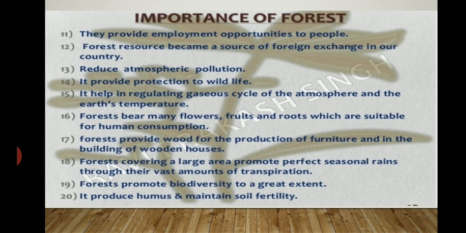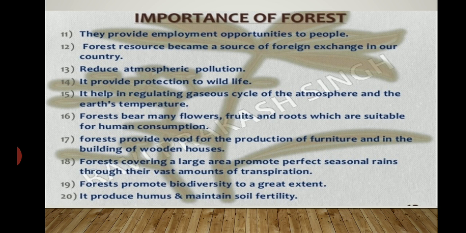Many people sell the forest product and they earn money. Forest resource became a source of foreign exchange in our country, which increased our economy. They reduce atmospheric pollution. How do they reduce atmospheric pollution? They absorb carbon dioxide and reduce its concentration in the atmosphere.